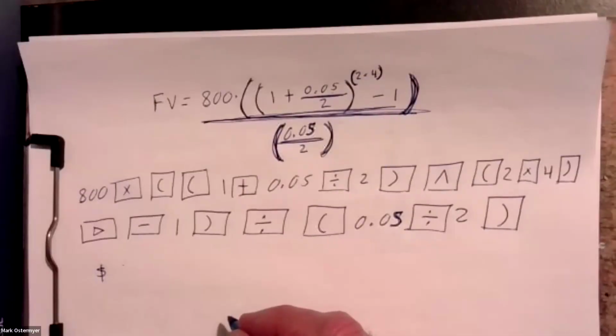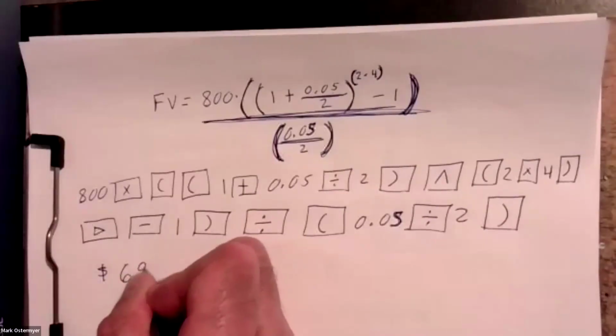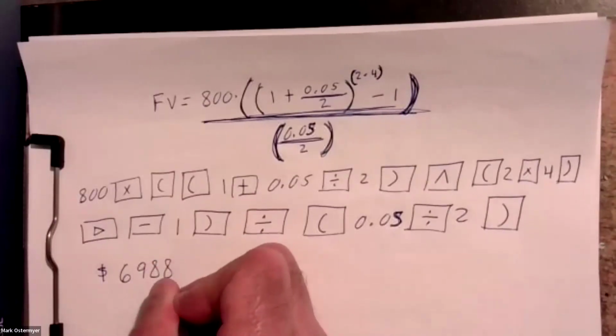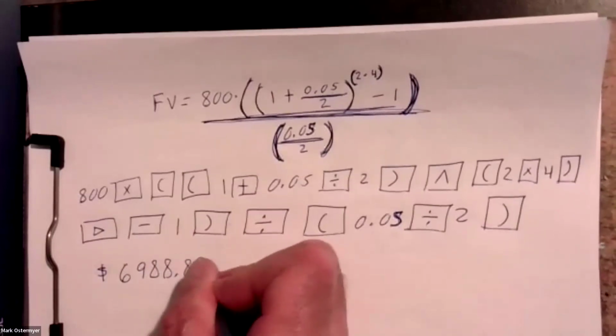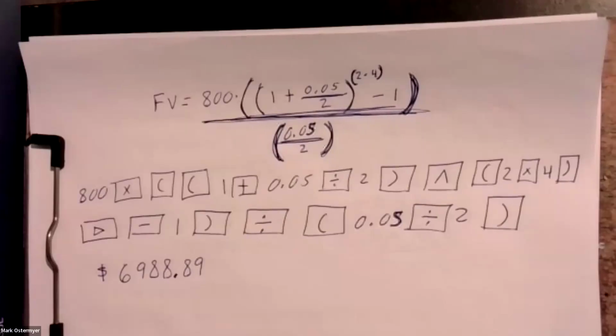I want to come to your bank. $38,000? I got 6,988. That's not quite that much there. Careful, double check how you maybe type that in. I got $6,988.89 will be waiting for us 4 years from now. Okay. That's what that annuity will be presenting to us in 4 years.